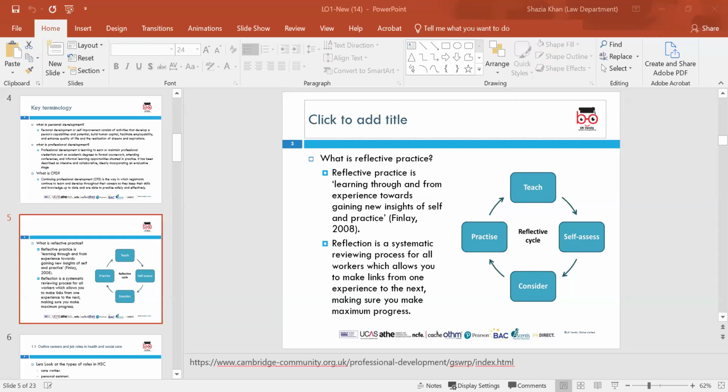Reflection is how you analyze any sort of actions and experiences, helping you to improve and develop. And there's a reflective cycle there, where it looks at teaching, self-assessing, considering and practicing. It's really important that you improve and develop yourself. And why do you think it's so important to have reflective practice in your workplace?